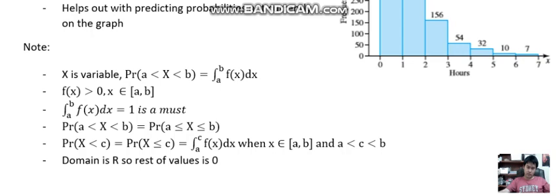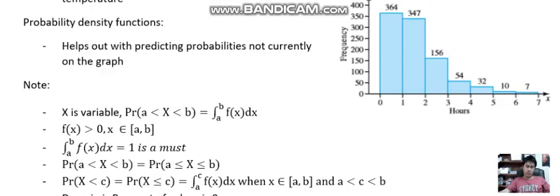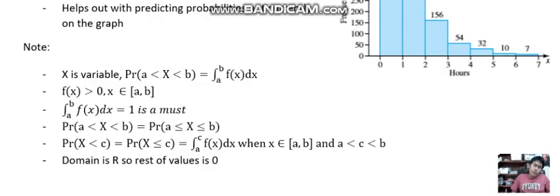You can work it out using this form of integration, and we've covered that through the properties of integration before, where c is between a and b. And the last thing is that for a probability density function, the integral from minus infinity to infinity gives you the value of 1.